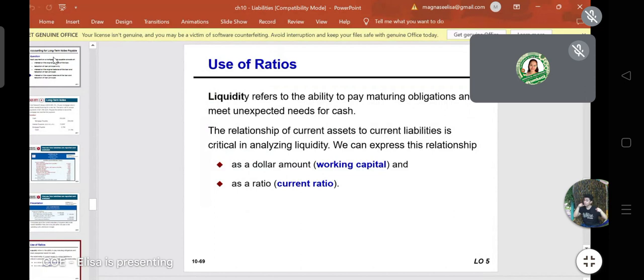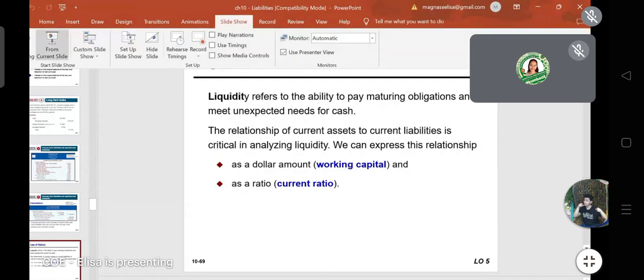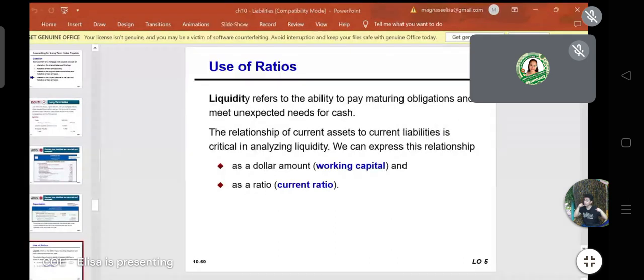One is liquidity, which refers to the ability to pay maturing obligations and meet unexpected needs for cash. So there are two financial indicators that we will compute.